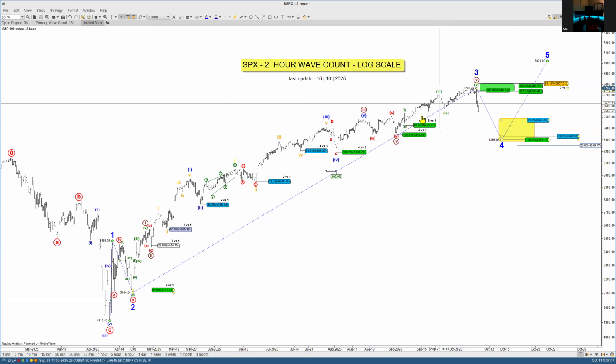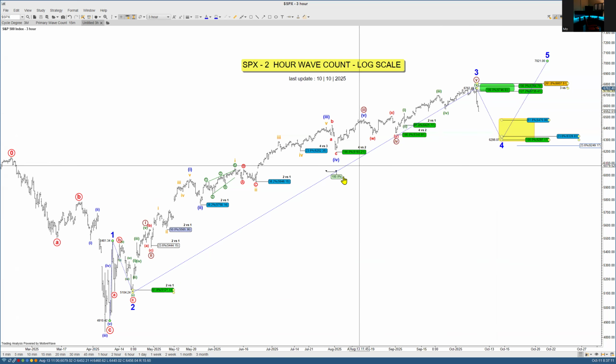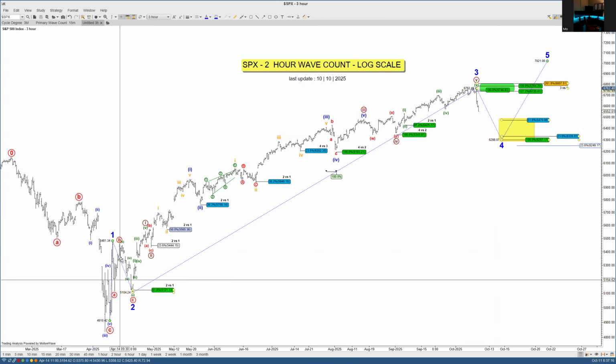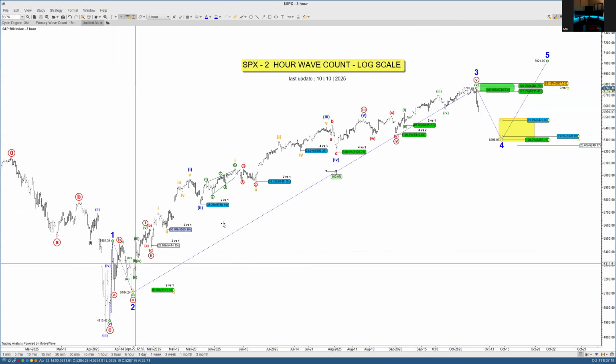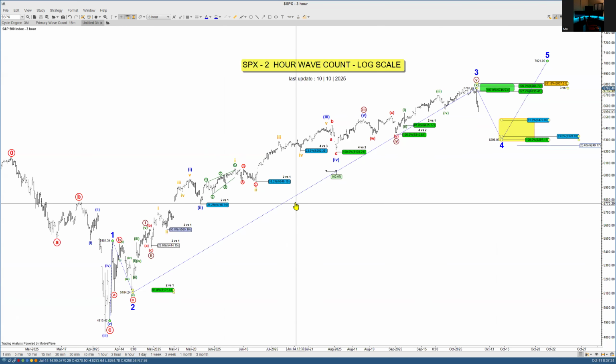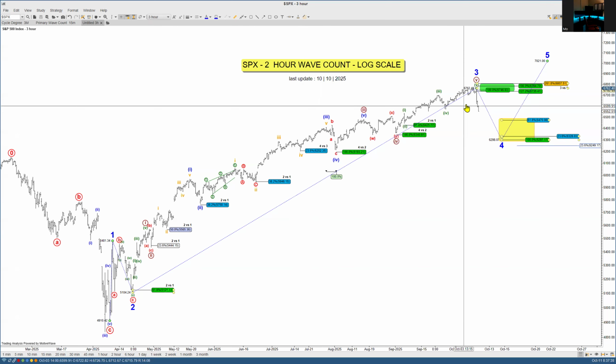It's been on the right track for a long time. We've been nailing everything according to this wave count almost to the penny, so there's no need to change anything. Leave everything the way it is.